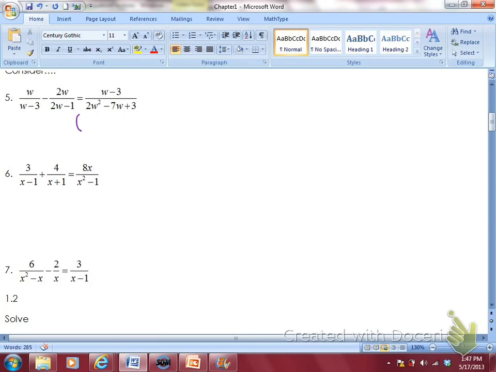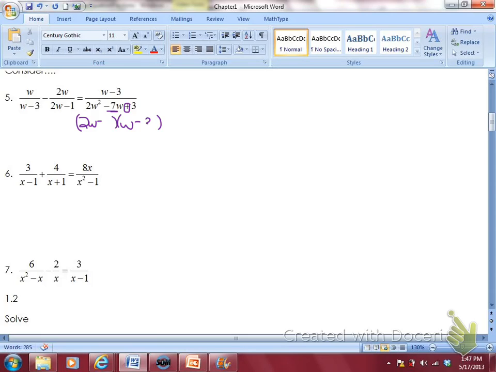So we would go ahead and factor this into 2w and then a w that gives us back the 2w squared. And then we're going to need two negative signs because notice that we're trying to get a negative sum and then a positive product. The only thing that's going to do that for us is two negative signs.